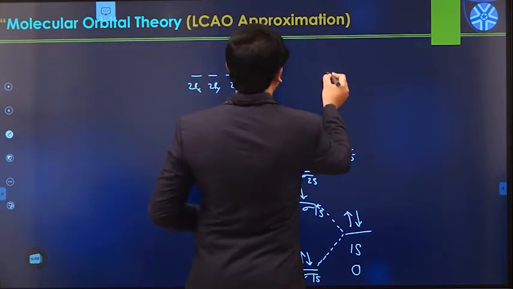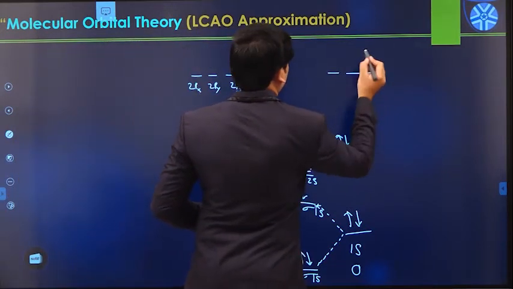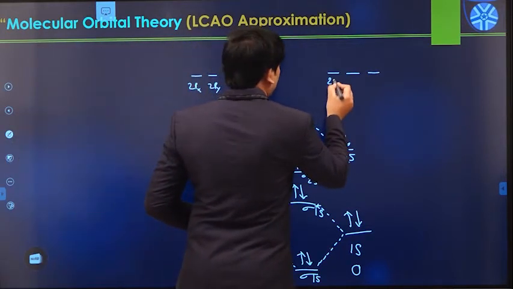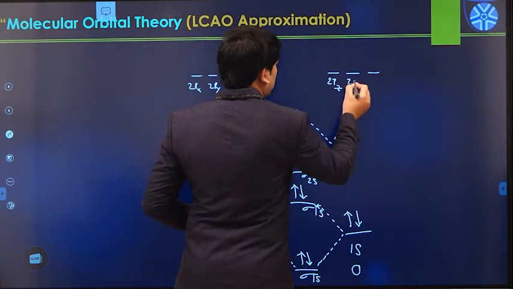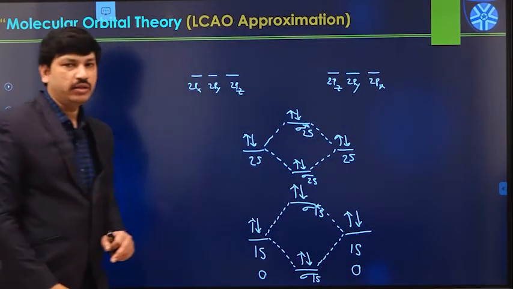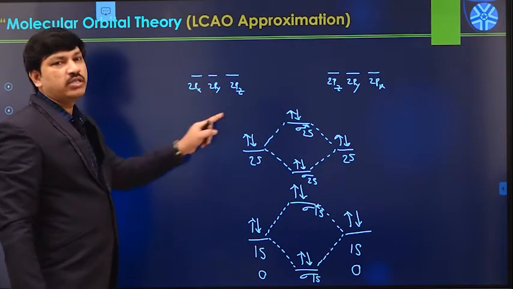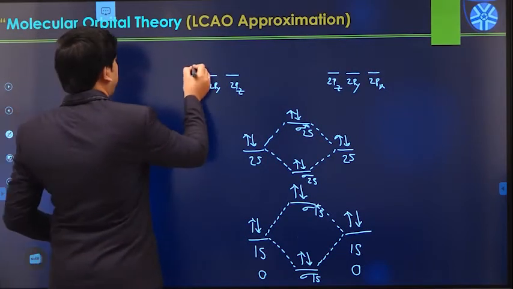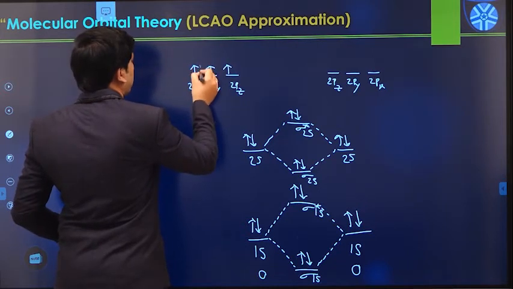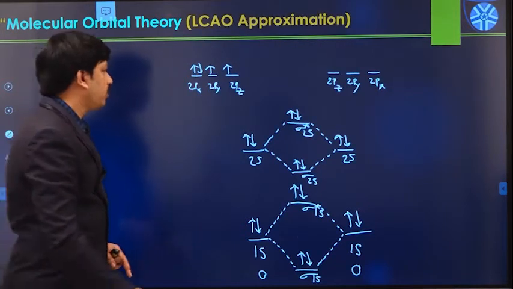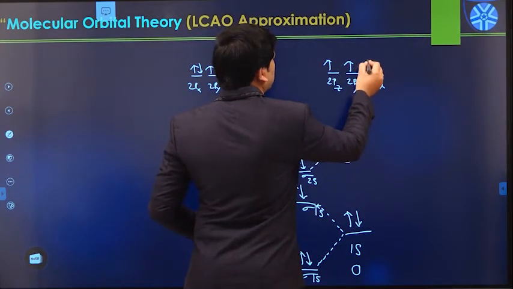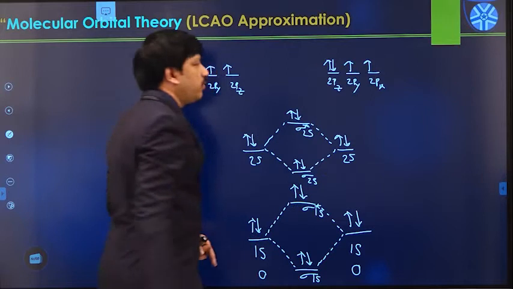Similarly, this side also we have 2p orbitals, 2pz, 2py, 2px like this. So how many electrons are available in 2p orbitals? 4 electrons. 1, 2, 3, and this is 4. And here also 1, 2, 3, and 4.